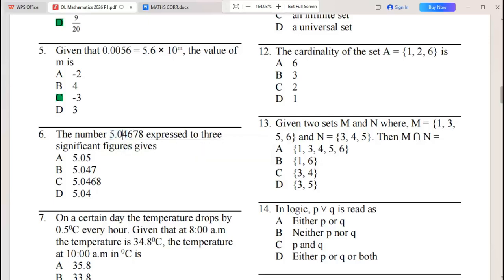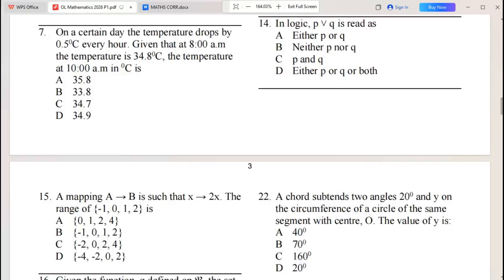The reason why this 0 is significant is because it is between two non-zero numbers, which are 5 and 4. Now notice that after 4 we have 6, which is greater than 5. And when the number after the last retained digit is greater than 5, we round the number up. So rounding this up, we have 5.05, which is A for question 6.